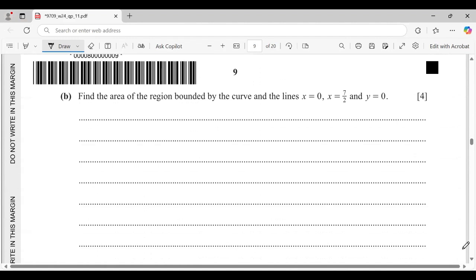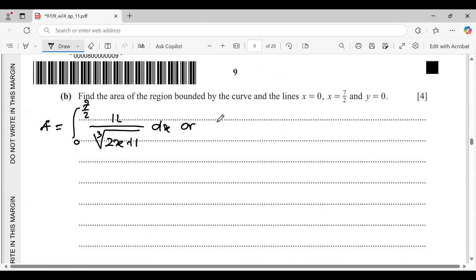Find the area of the region bounded by the curve and the lines x equals 0, x equals 7 half, and y equals 0. Okay, so the area equals, if you look at the figure, the diagram, 0 to 7 half of y dx.